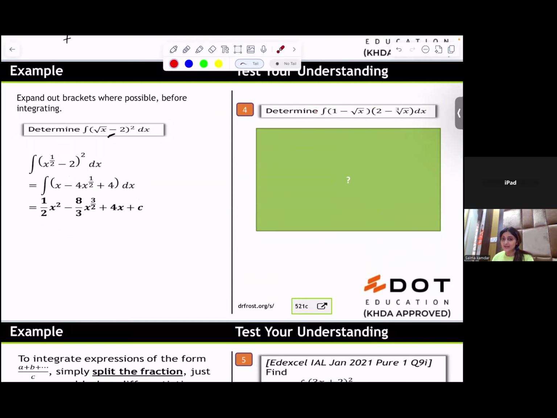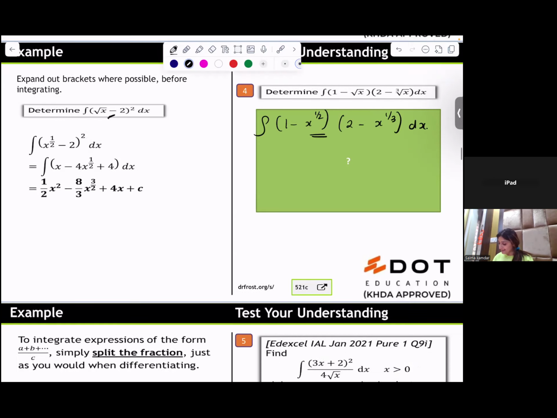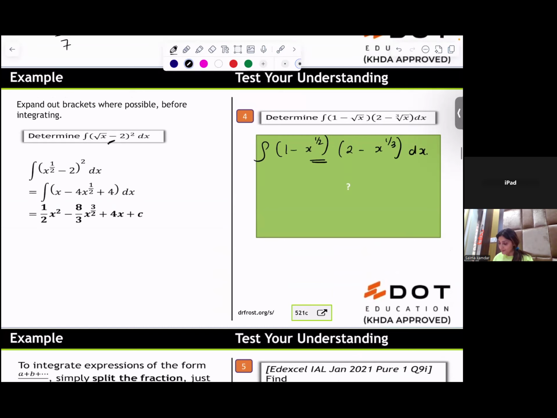The first thing that I would do is get it in the index form. So it's becoming integration of 1 minus x raised to half and 2 minus x raised to 1 by 3 dx. After I do this, expand the brackets and then get the integration of it. Okay, this is going to help you solve it better.